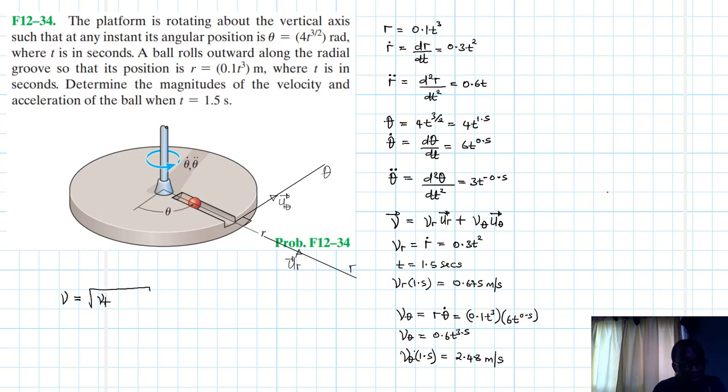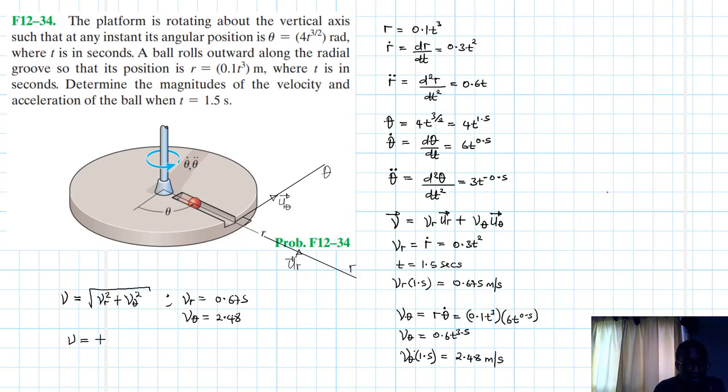This gives us VR squared plus V theta squared. And we know that our VR, we just calculated it as 0.675, and our V theta, we calculated it as 2.48. Therefore, our magnitude is just going to be equal to 0.675 squared plus 2.48 squared, square root of that.